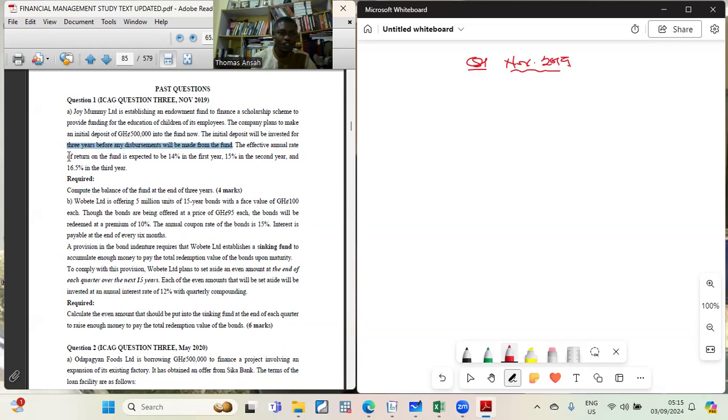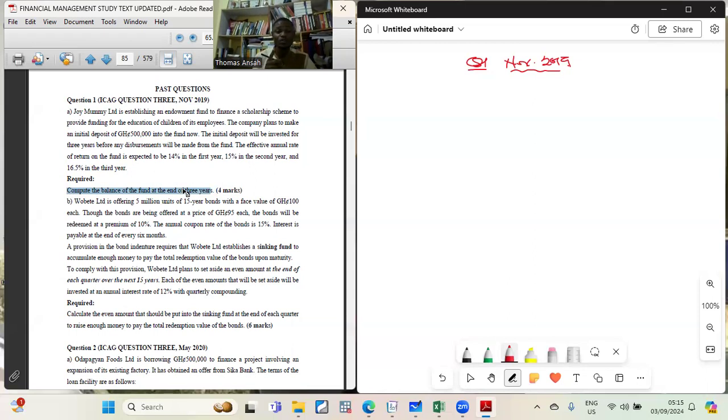She has given you the effective annual rate of return. Anyway, rate is always annual, whether they add it or not. It's expected to be 14% in the first year, 15% in the second year, and 16.5% in the third year. So what we are trying to do is compute the balance of the fund at the end of the 3 years.